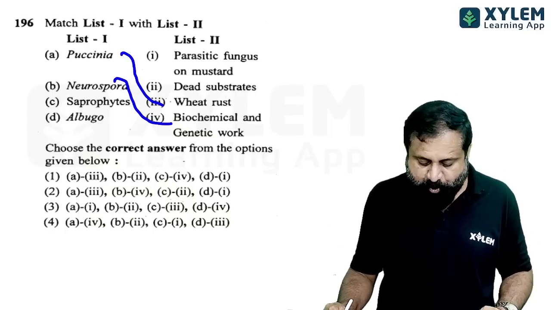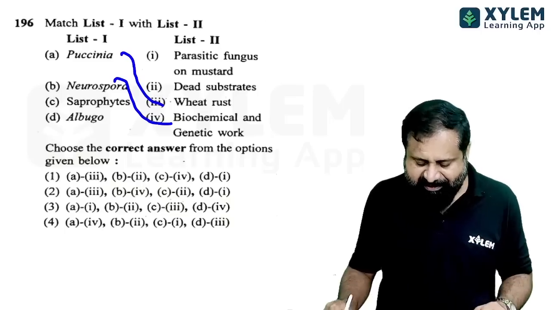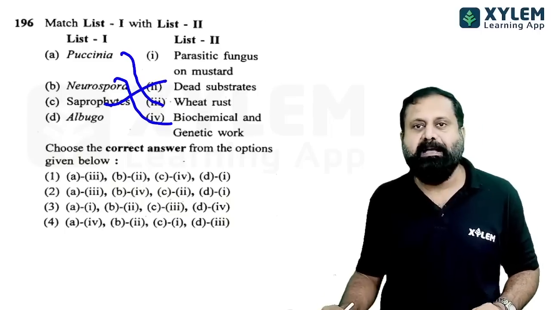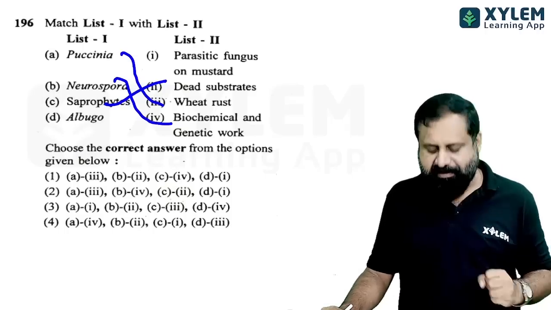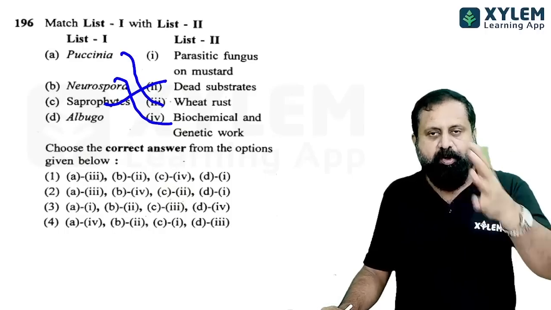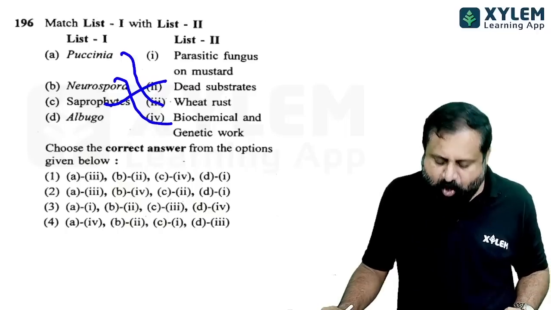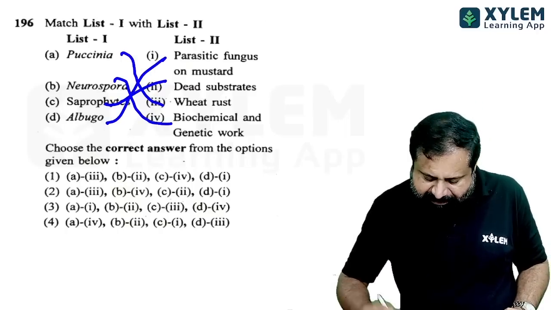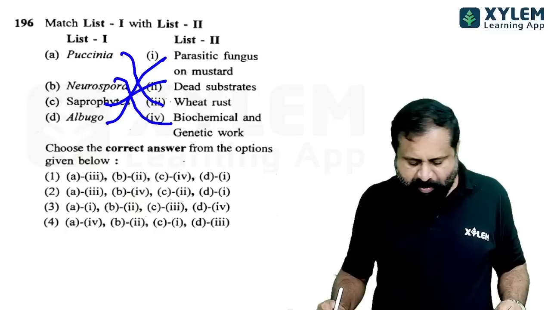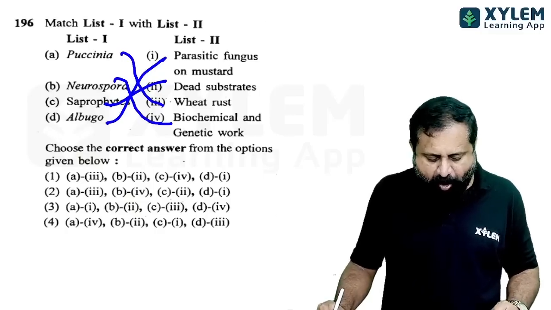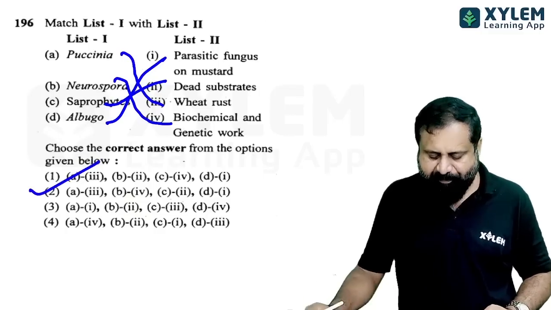C2, saprophyte: dead and decaying matter absorbing organism is called saprophyte or saprozoic. Albugo, parasitic fungus on mustard. So A3, B4, C2, D1. 196, option 2 is the right answer.